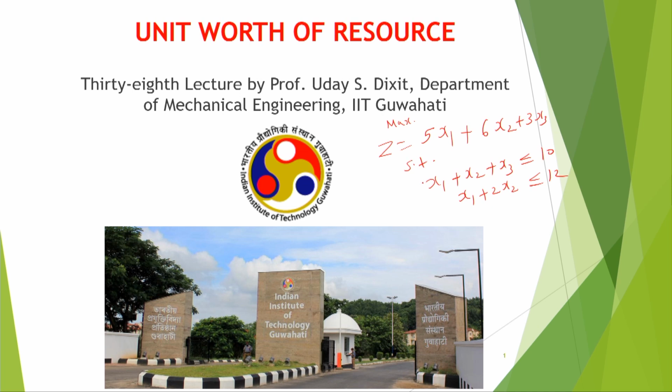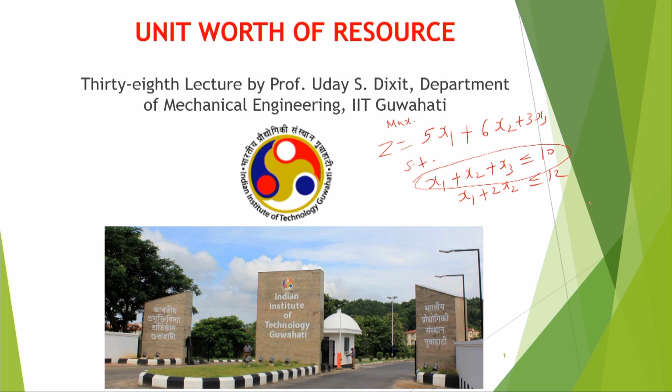Then consider the first constraint and its worth. Suppose I increase it by 1 unit, making 10 equal to 11, then how much will the objective function's optimum value increase? That is called the worth of the constraint. But we can get a good idea of it from the primal-dual type of problems.